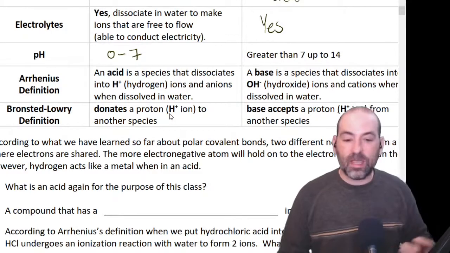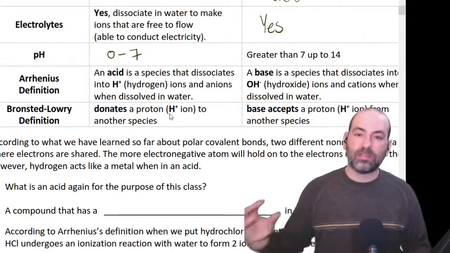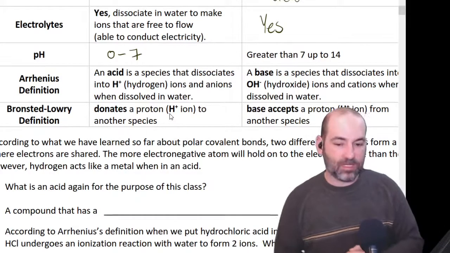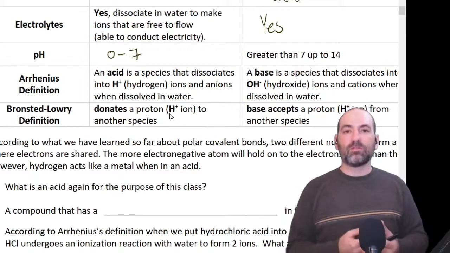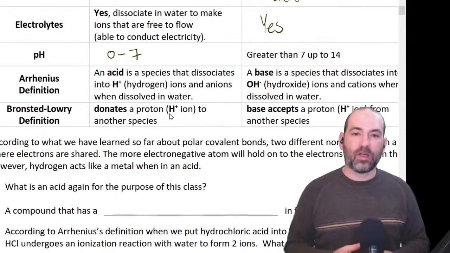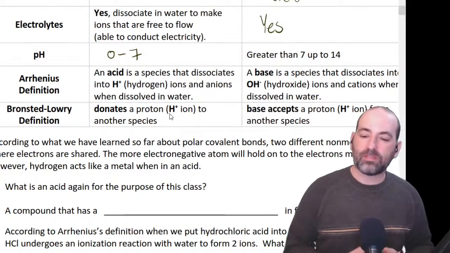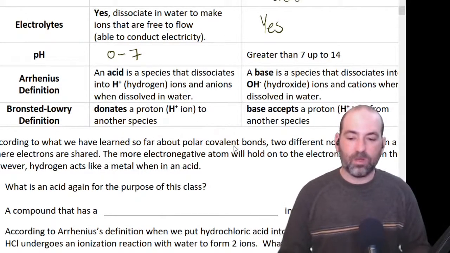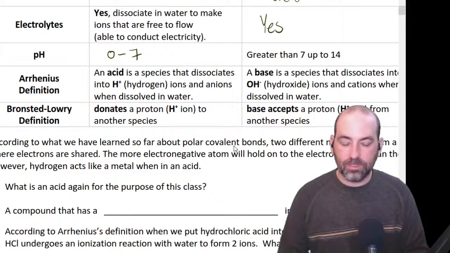And a base is the opposite. It can accept that proton. So an acid gives an H and the base takes the H. And that's the definition that is generally most useful to us, especially when we start talking about pH and biological systems and that sort of thing. So that's really the definition that we will most stick with.